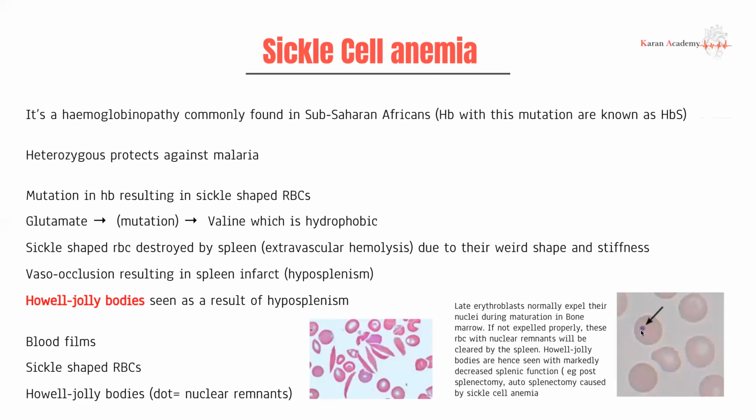Also, a big part of where this removal process happens is the spleen, right? Now, usually the spleen is kind of this checkpoint marker, which would, in most cases, remove these RBCs. However, because now the spleen is not functioning well, we end up with these Howell-Jolly bodies being seen in the peripheral blood. And this is abnormal and seen commonly with sickle cell anemia that's caused hyposplenism. You can see this exact same thing in people who have had their spleen taken out.